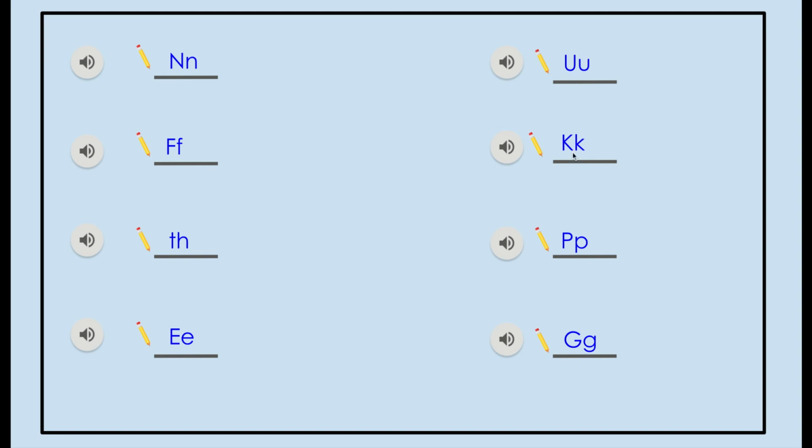K, like at the beginning of kite, is the letter K. K, like at the beginning of cat, is the letter C. Those are words you just have to memorize which letter is making that sound at the beginning of the words. So if you wrote C here, you would also be correct. Or if you wrote K and C, good for you. You've got both of those letters correct.